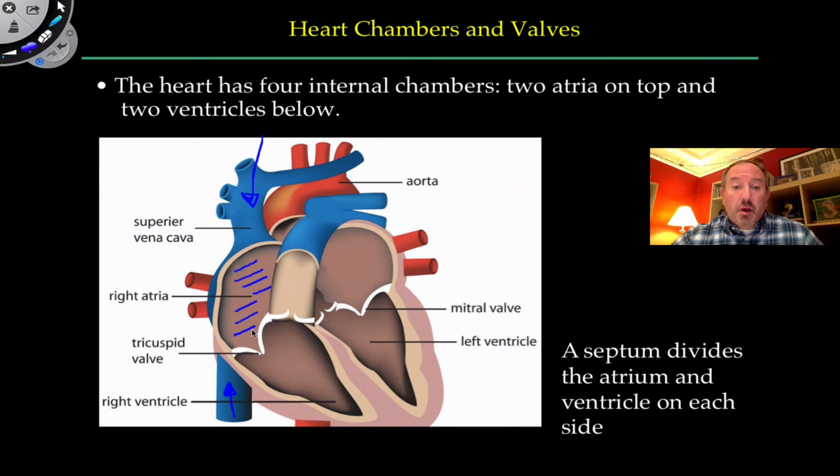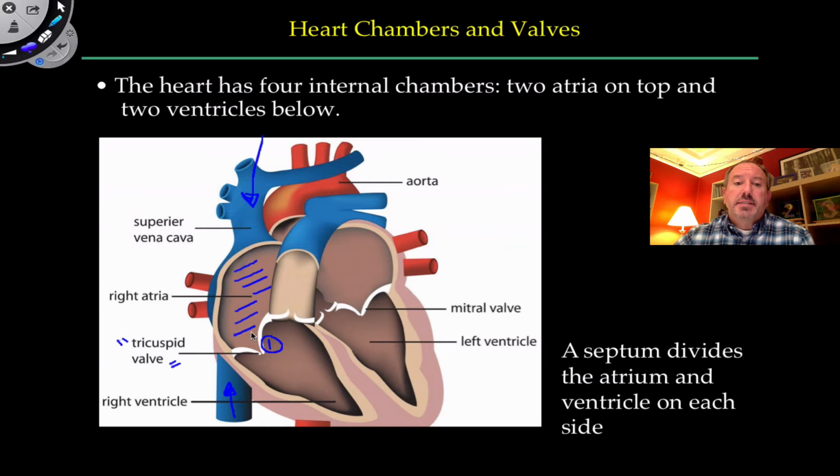Then the blood travels past this first valve. There are four valves. This valve on the right side of the heart is referred to as the tricuspid valve because it's made up of three cusps. It's also known as the atrioventricular valve.